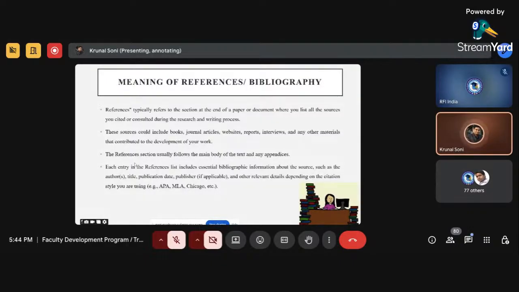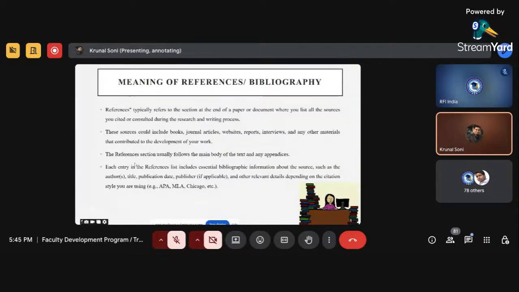Each entry of the references list includes essential bibliographic information about the sources. So if I need to call up the references, what exactly is the reference going to be? It is the name of the authors, the title of the publication, right?